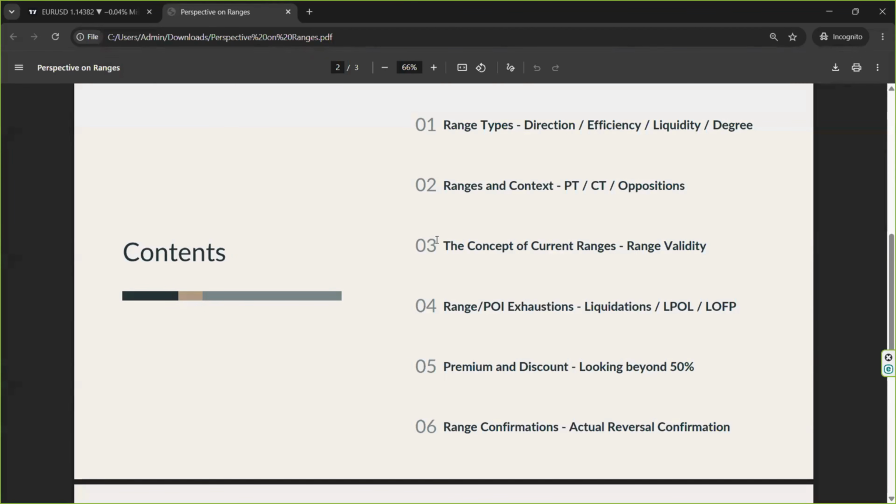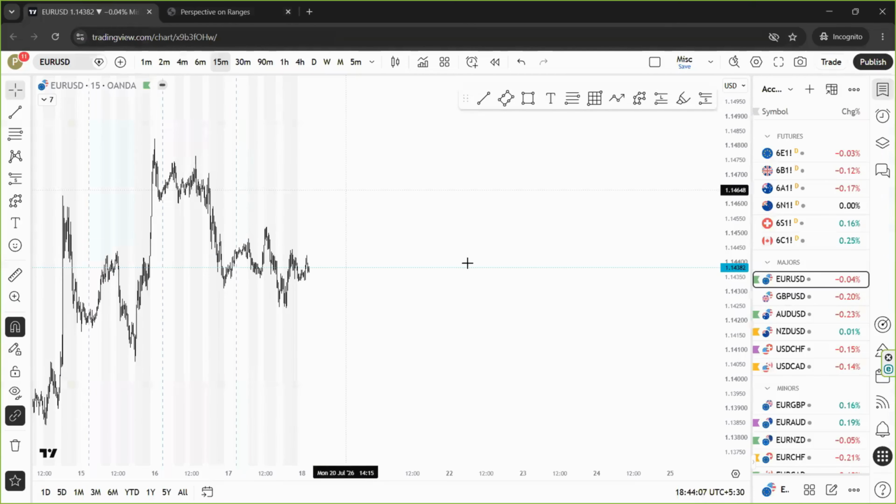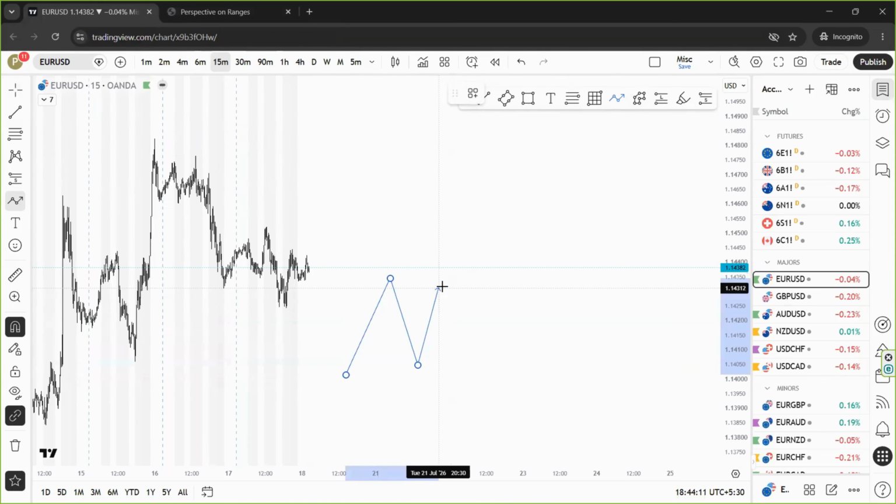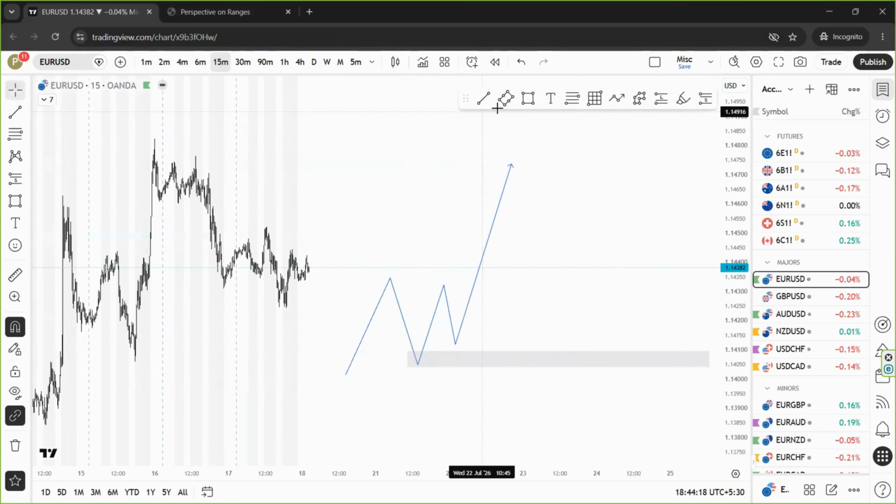Basically, what this allows you to do is identify the range that is in play at a particular point in time. And then the fourth concept, or rather the variable we can look at, is range or POI exhaustion. When we talk about ranges and liquidity, assume this is a valid liquidity and you have a POI like this, and price liquidates that.